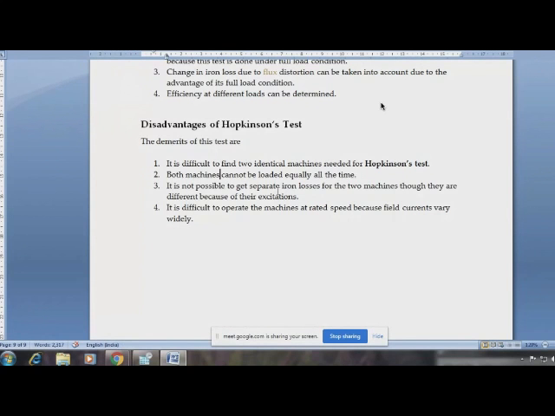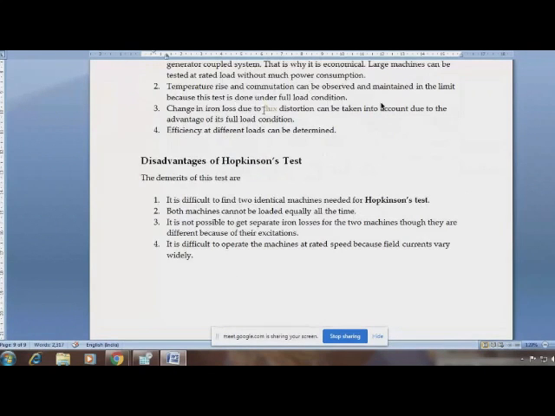The flux keeps varying because the field currents keep varying, and as a result, keeping rated speed at all times is not possible. It's very tough. So these are the important demerits of Hopkinson.